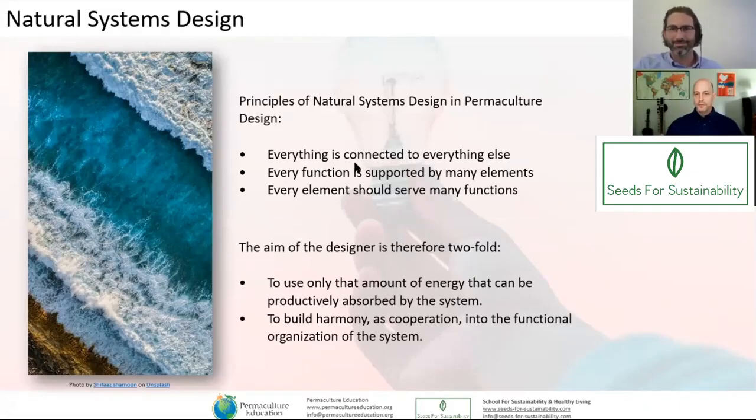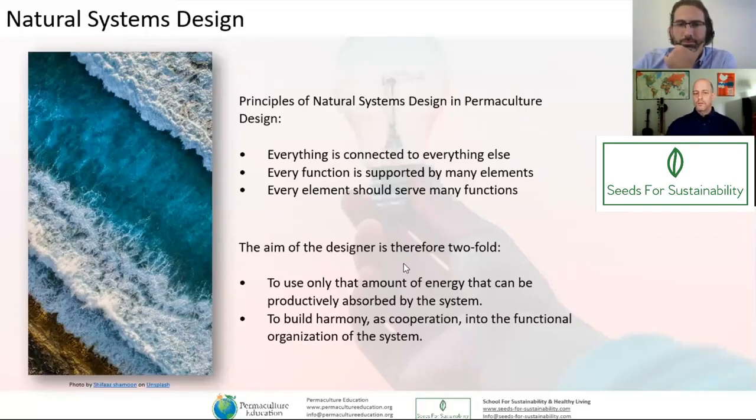Design is composed of two elements: aesthetics and function. Permaculture design concentrates on function, and nature provides aesthetics. So when you design something in a natural way, it's automatically beautiful. Nature provides the aesthetics.